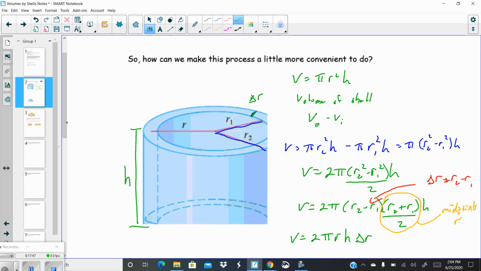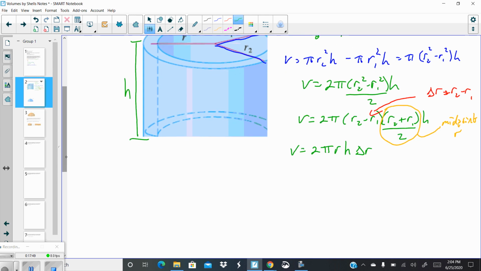Well, if you think about it, 2 pi R is something which should be familiar to us. 2 pi R is just the circumference of a circle. The h part, well, that's just the height.